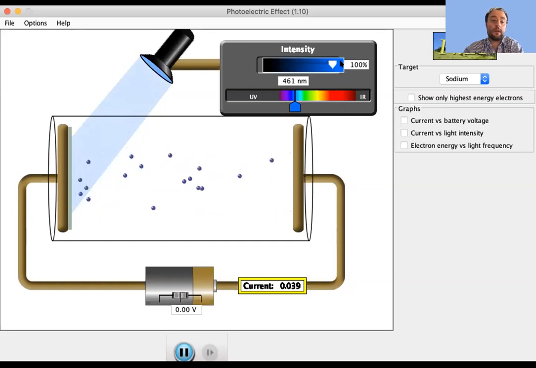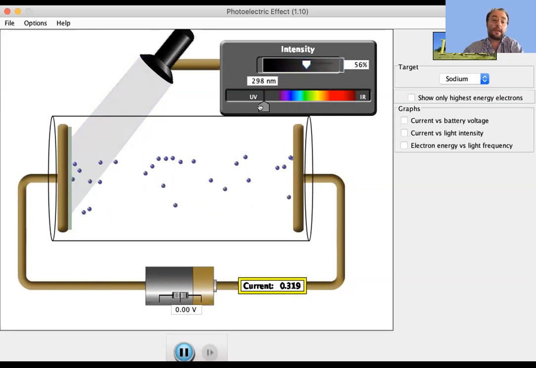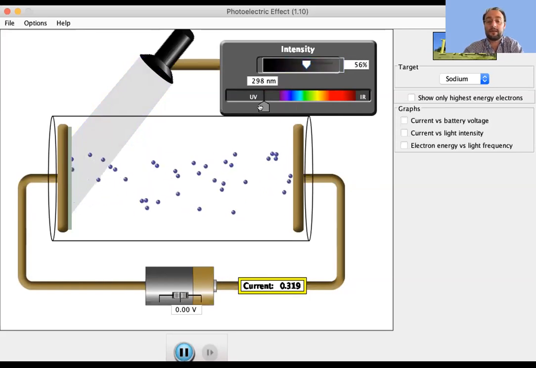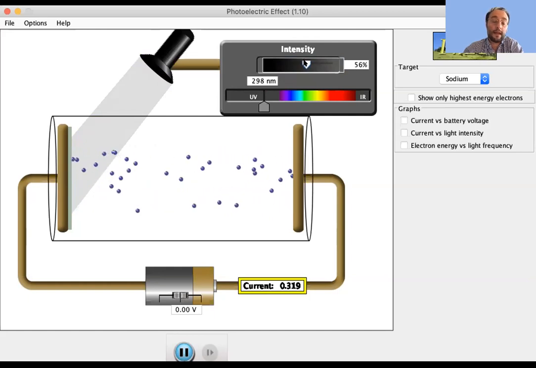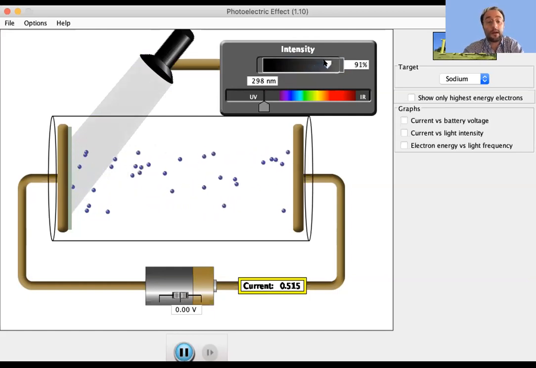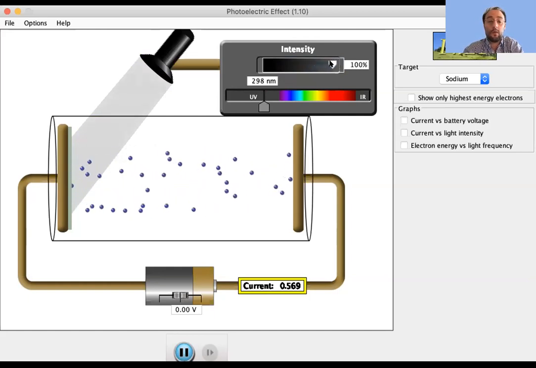So with larger intensity, clearly more electrons come out. With smaller intensity, fewer electrons come out. And on the other hand, if I change the frequency, you see that the electrons that come out are fast electrons. And again, larger intensity, more electrons come out.